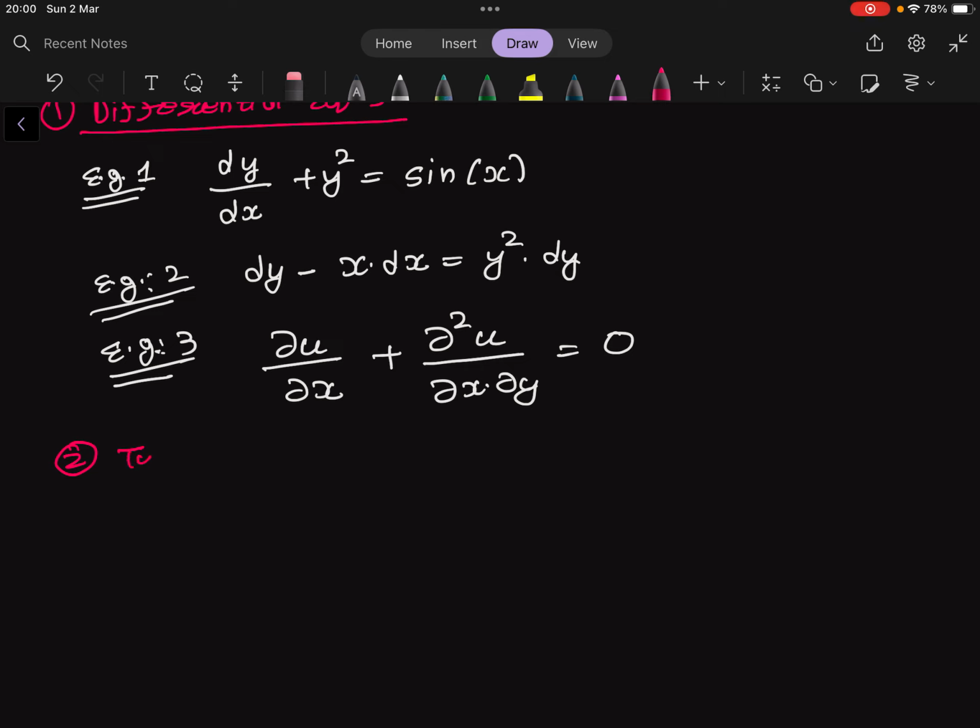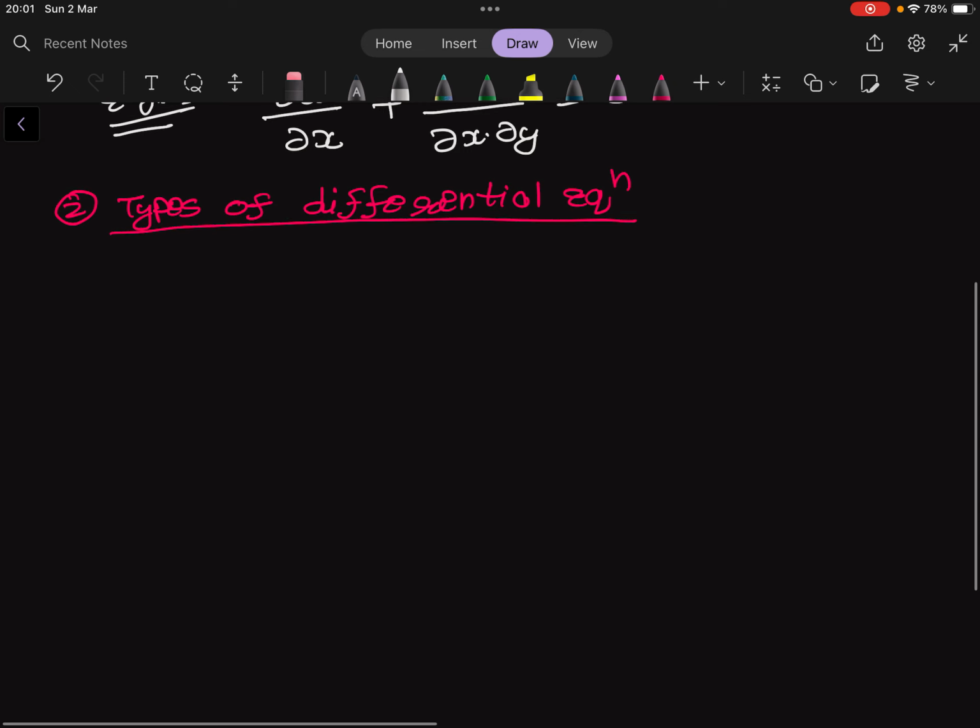So what are the types of differential equation? The first form we can say is the ordinary differential equation, or in short form, ODE.